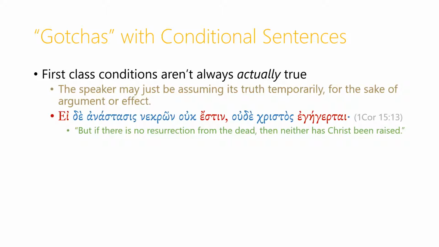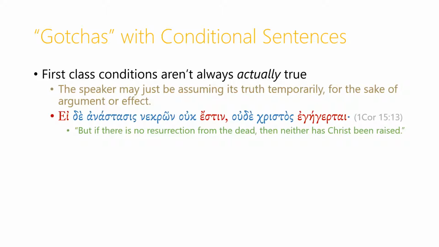But if there is no resurrection from the dead, anastasis nekrōn ouk estin, notice we have ei with a present tense indicative verb, so this is a first-class condition. Oude Christos egēgertai, then neither has Christ been raised.